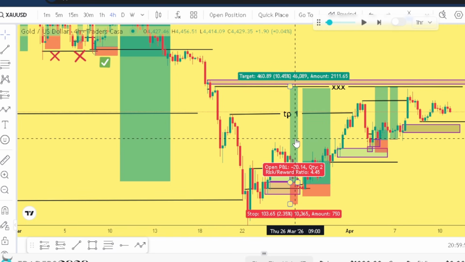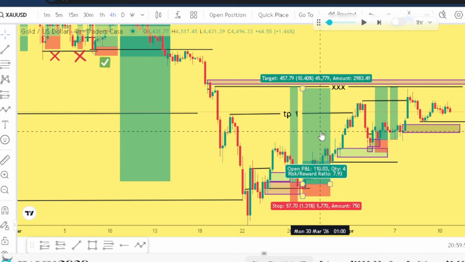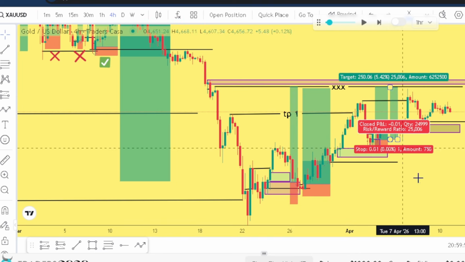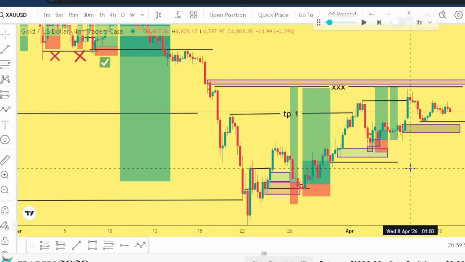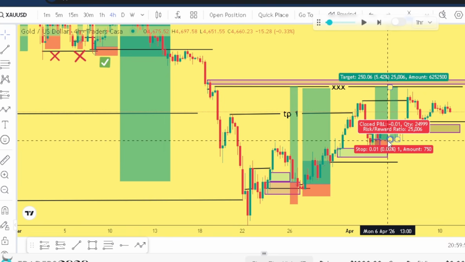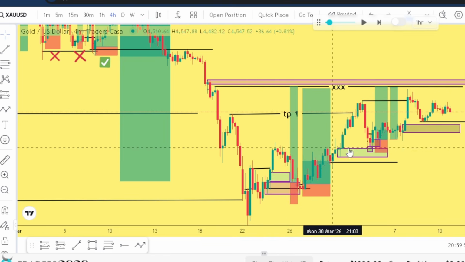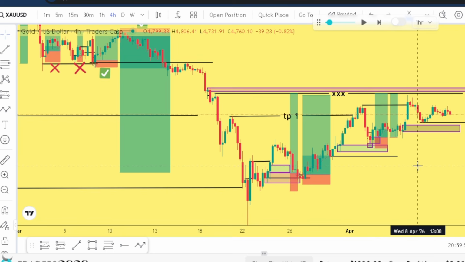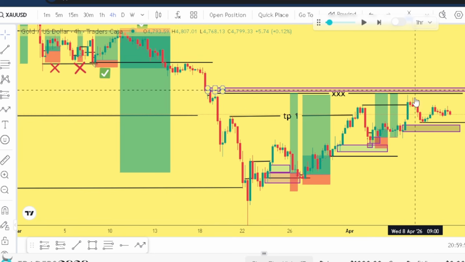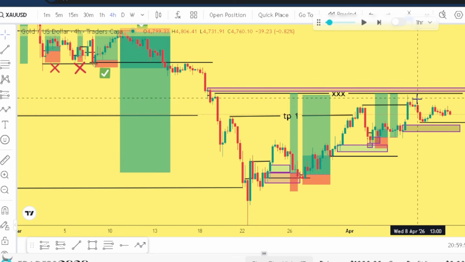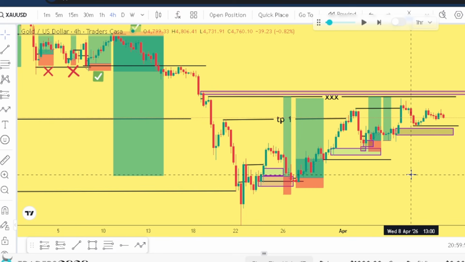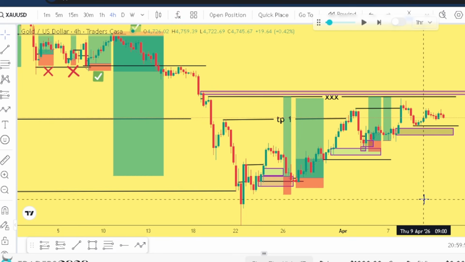As you can now notice, we took 1, 2, 3, 4 winning trades, okay? All the risk reward ratios are good, and the sniper entries, okay? So you only have to build that storyline.